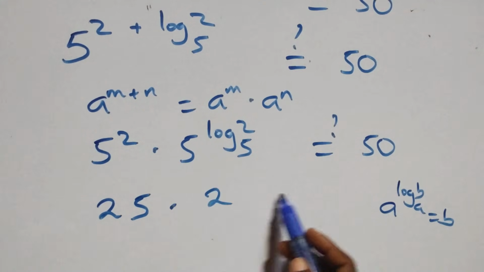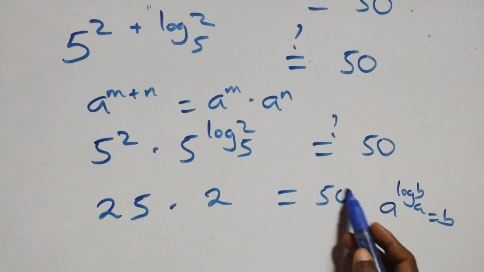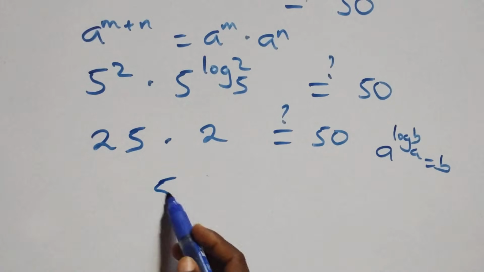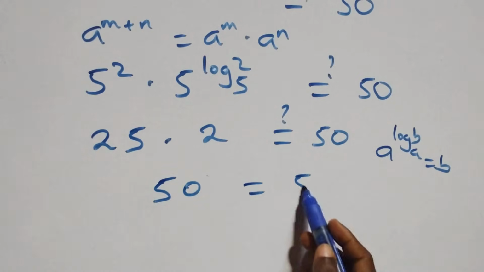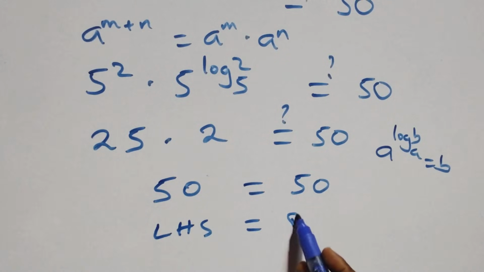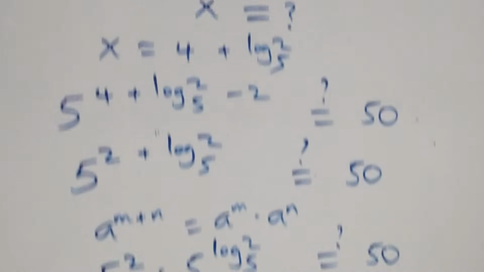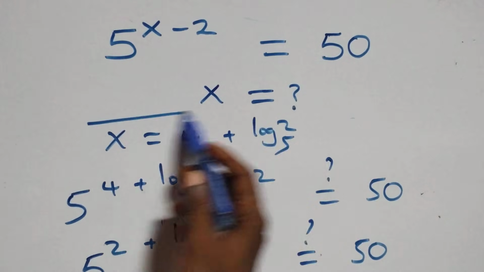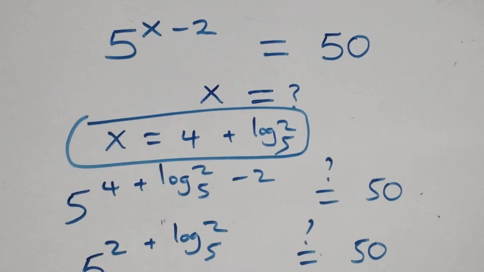That is here we have 2. And 25 times 2, that's 50, which is equal to 50 from here. That is left hand side equals the right hand side. And therefore, we conclude here that x equals 4 plus log 2 base 5 satisfies this given problem.